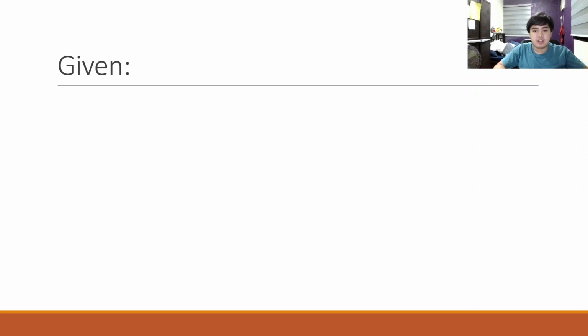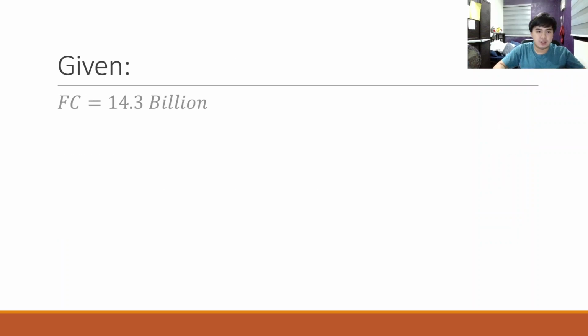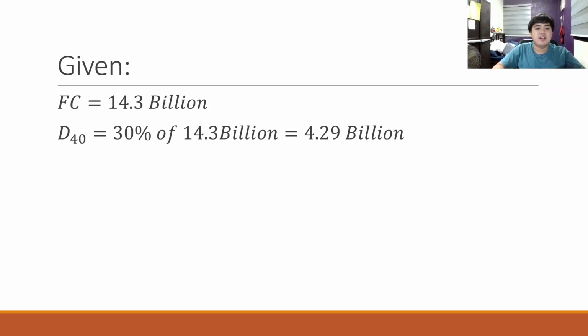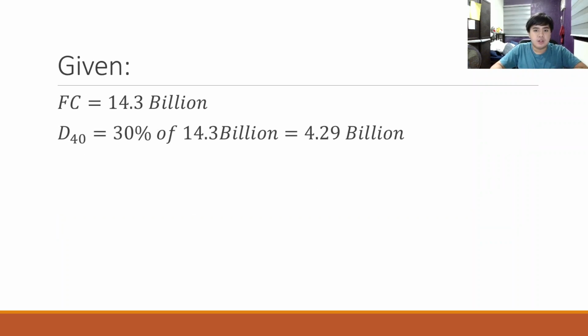Now, before we start computing, let us put the givens on screen first. The first cost is 14.3 billion pesos. We identify that as it was bought in 1972 at the price of 14.3 billion pesos. And its depreciation at year 40: it was mentioned here that it lost 30% of its value during the year 2012, which is 40 years from the year 1972.